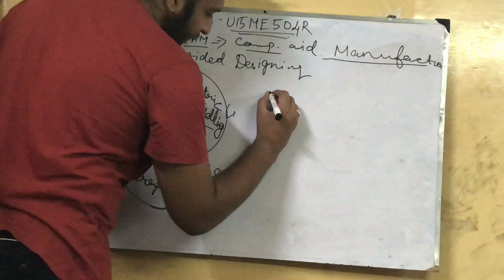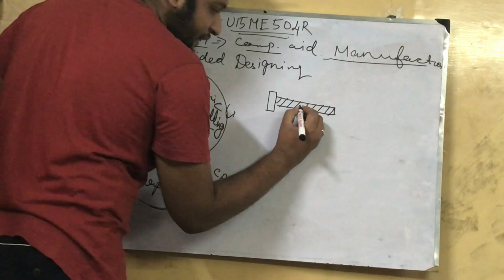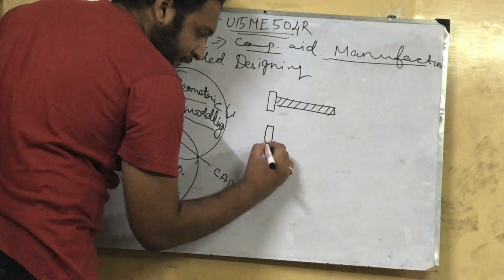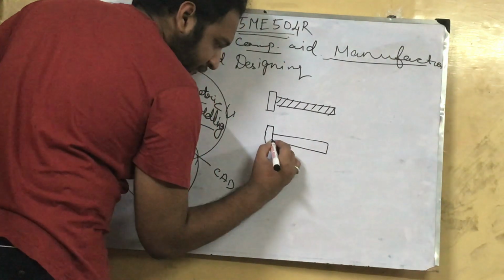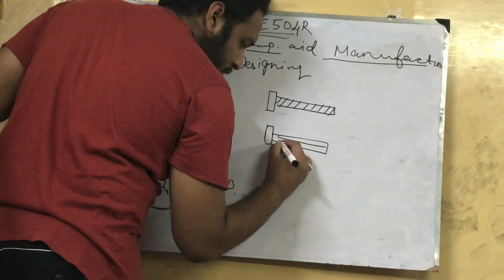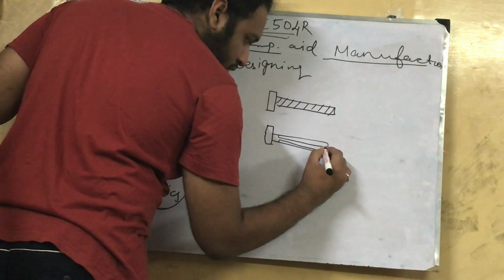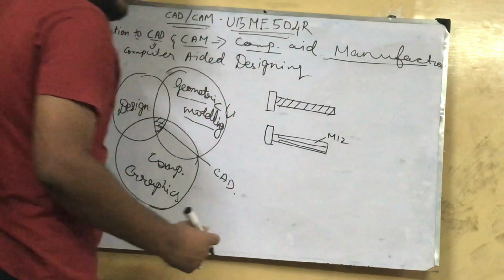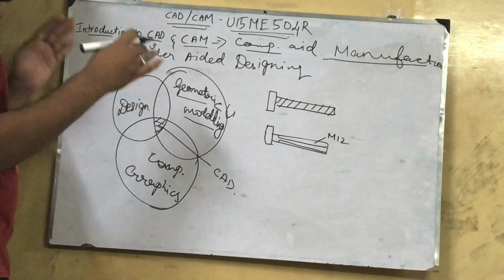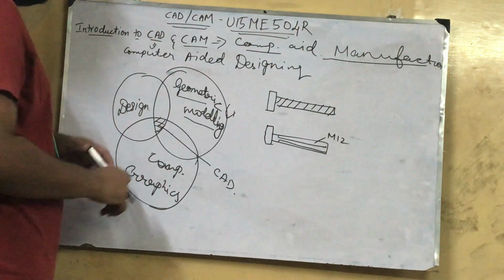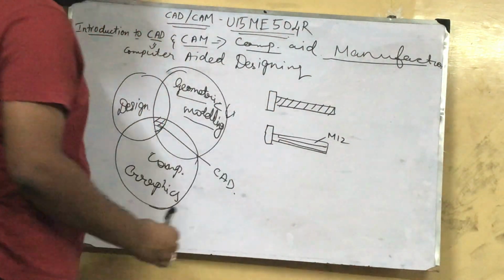Normally I can represent this thread as a thread, and in another case I can represent it by M12, which represents the major dia and outer dia, and it also represents the thread.